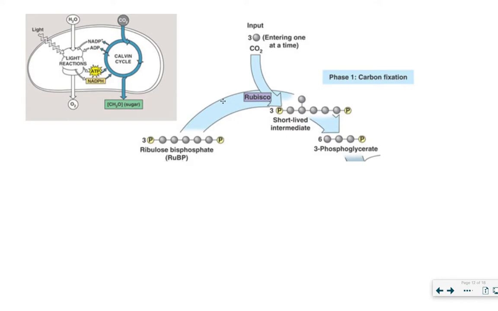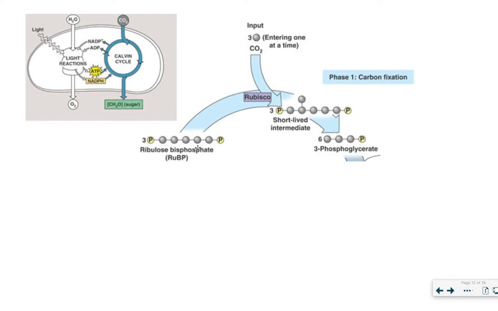So the Calvin cycle, remember, happens in the stroma of the chloroplast, and this is where we see the investment of carbon dioxide from the atmosphere. The important component to the beginning of the Calvin cycle, called the carbon fixation phase, is the special enzyme rubisco. Rubisco is the enzyme that actually fixes carbon dioxide to the initial intermediate called RuBP.